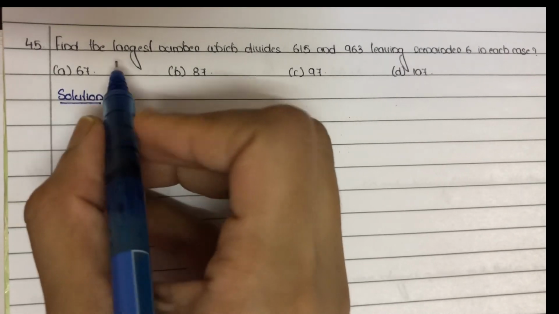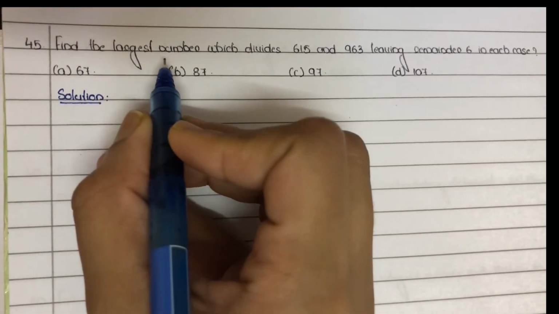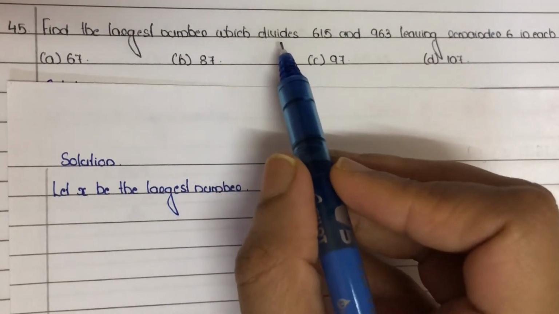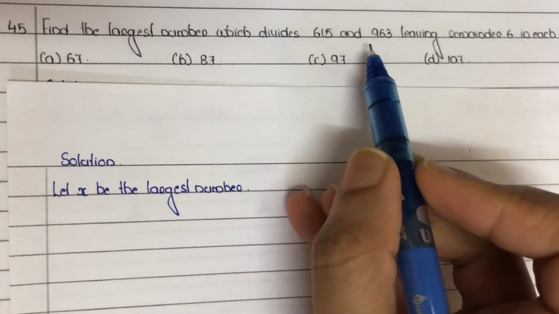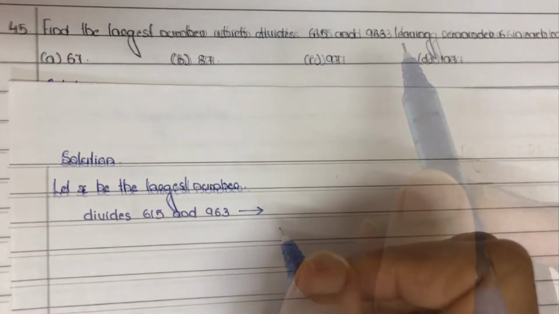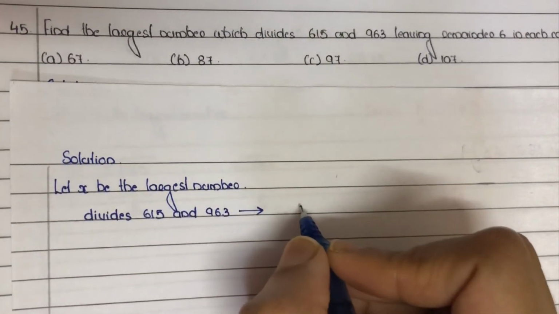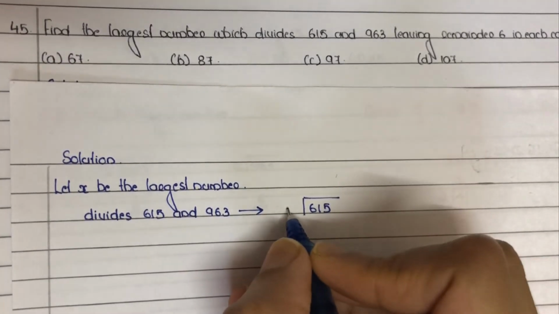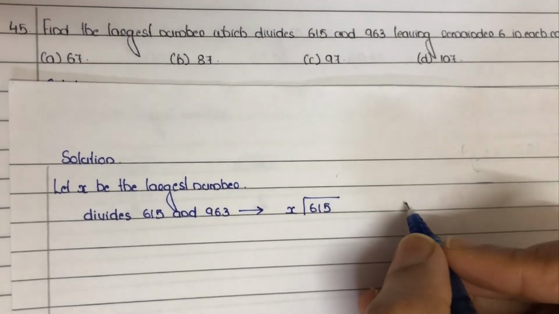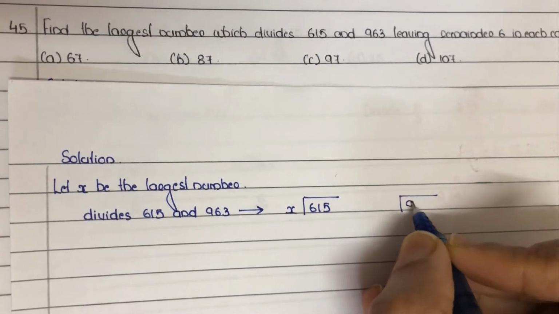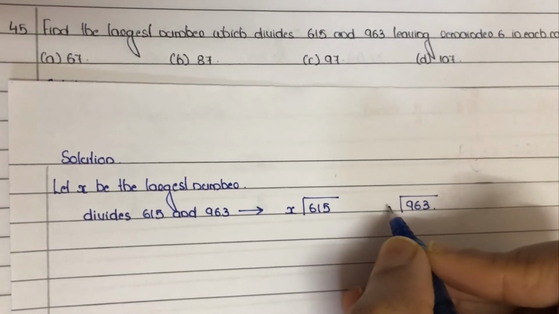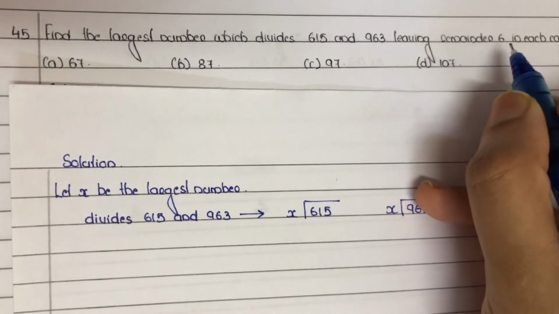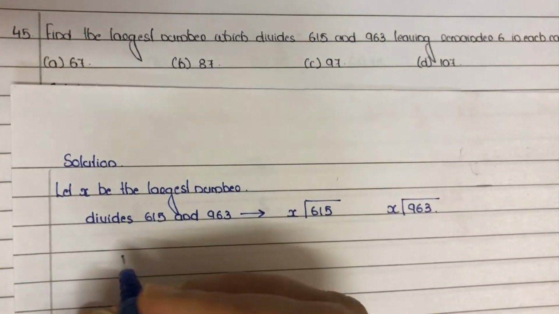So first step we can write it as let x be the largest number. Now second part is which divides 615 and 963. That is when you divide 615 by x, the largest number, similarly 963 by x, leaving remainder 6 in each case.